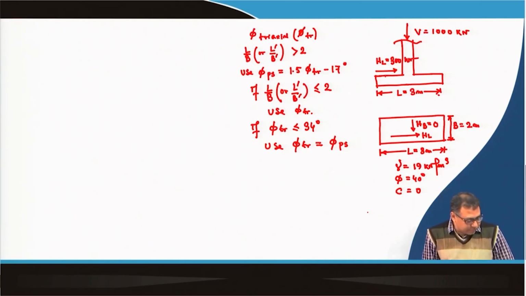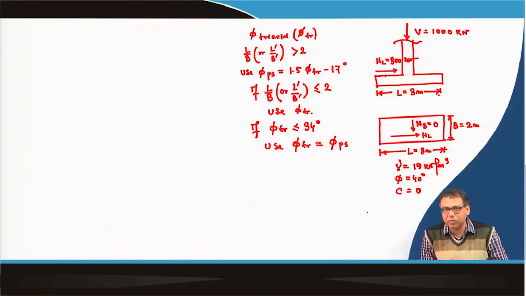Okay. And then for one more condition, as I mentioned in the previous problem, I had given the inclined load directly and the inclination. But in this problem, we need to know whether the horizontal load is parallel to H or B. So, it is given like this.